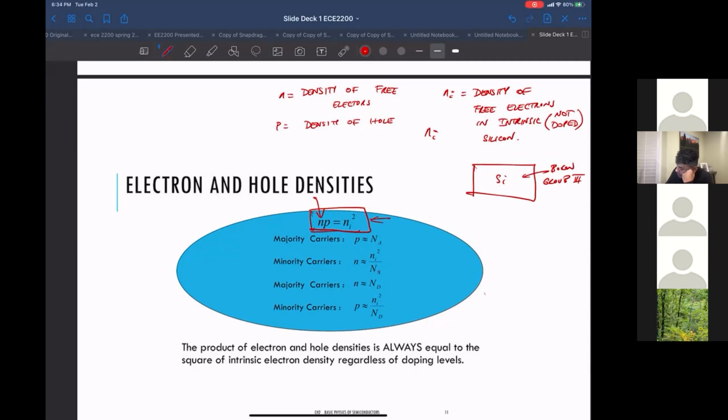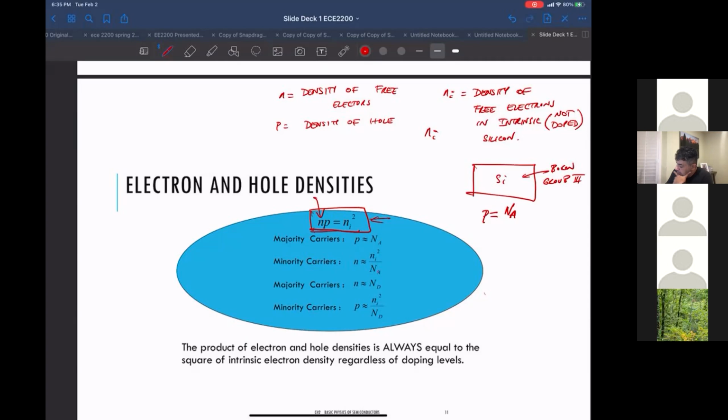We can put in so many extra boron atoms that we get a higher density of holes than the intrinsic density of electrons. So the number of holes ends up being equal to the density of acceptor atoms that we dope the silicon with.